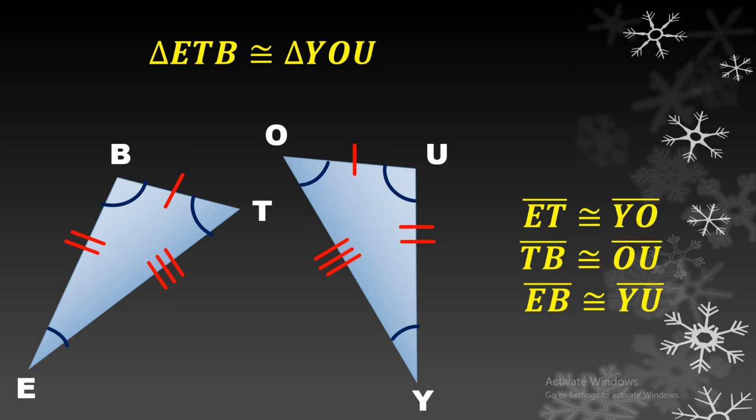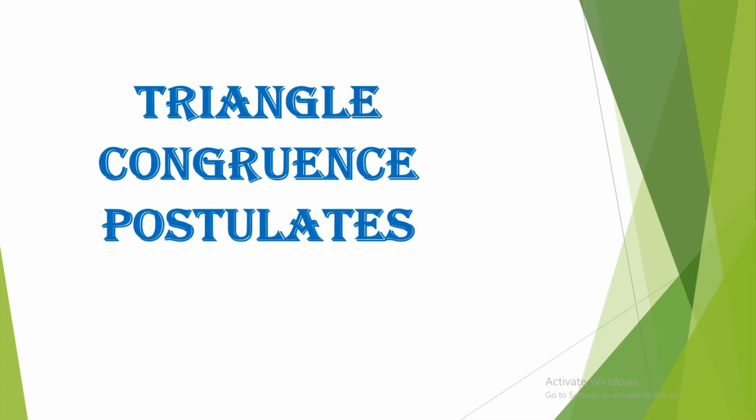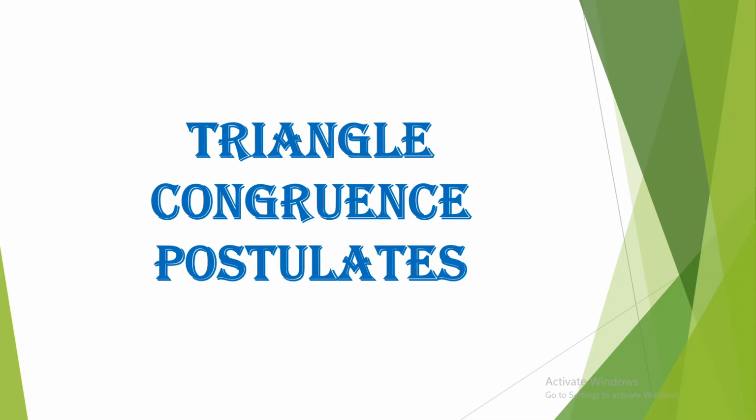Okay, not by CPCTC, but using the triangle congruence postulates and theorem. Because for this triangle congruence postulates and theorem, there will only be 3 congruent parts needed in order for us to prove that two triangles are congruent.